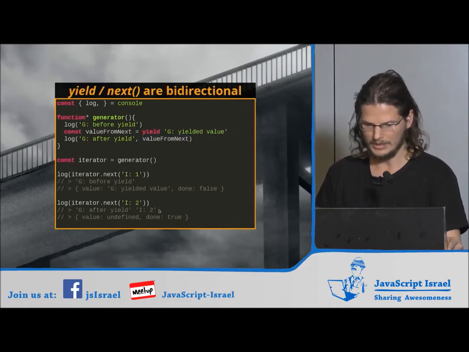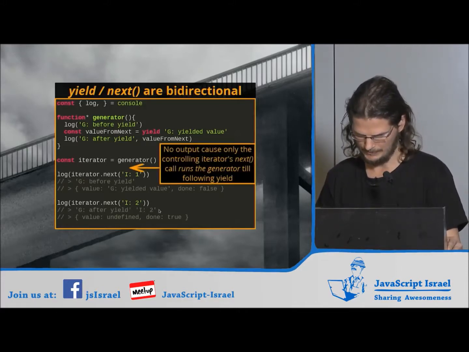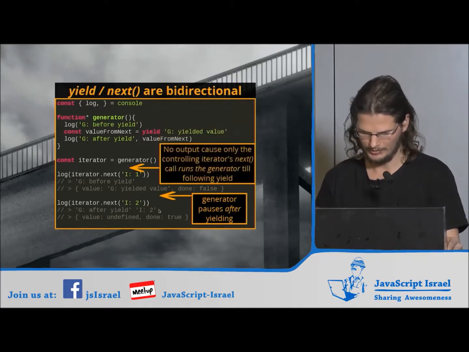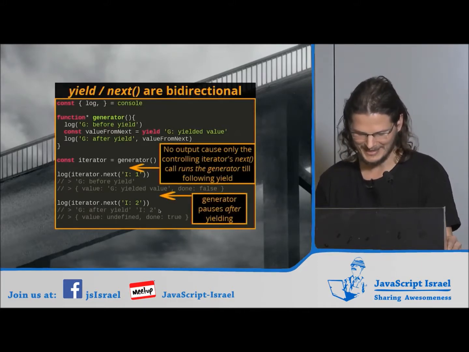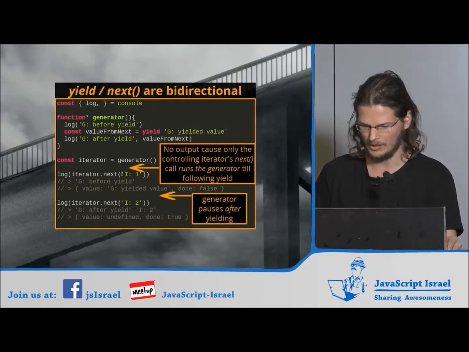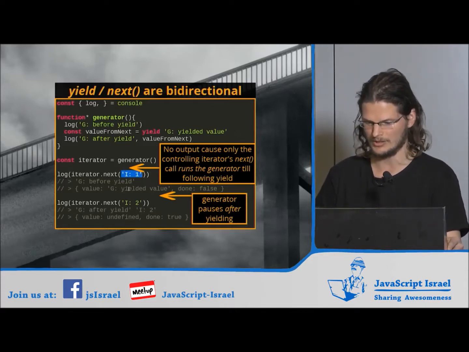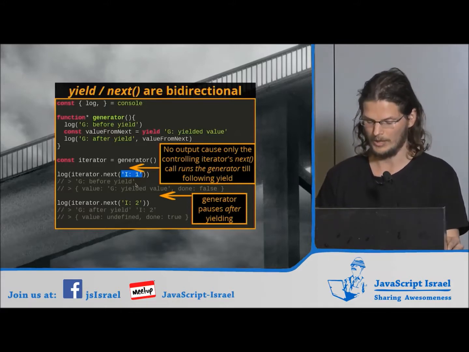Okay, I confused myself a little bit, but basically what we see here is that this time, with our next invocations on the iterator, we also send a value to the generator.